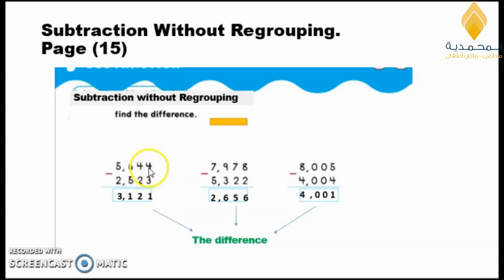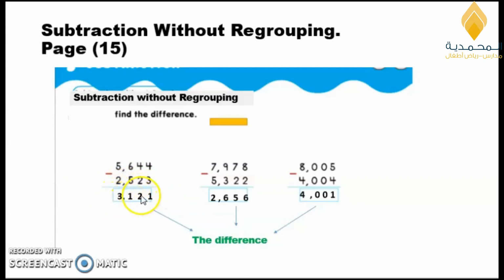Look, starting from the ones again. 4 minus 3 is 1. 4 minus 2 is 2. 6 minus 5 is 1. 5 minus 2 is 3. Easy.